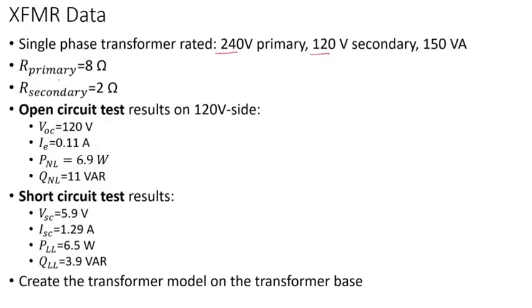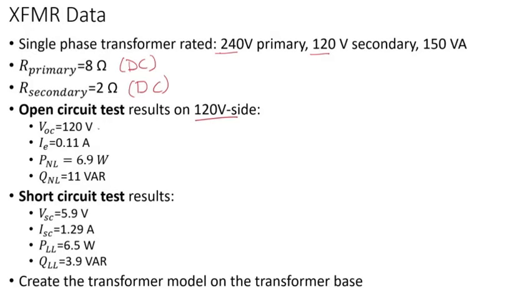Then the primary DC resistance is 8 ohms, and the secondary DC resistance is 2 ohms. So let's assume you perform the open circuit test on the 120 volt side, or the low side.